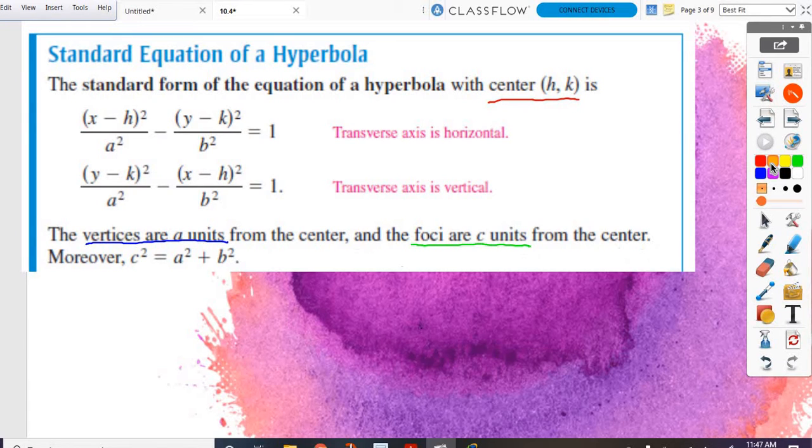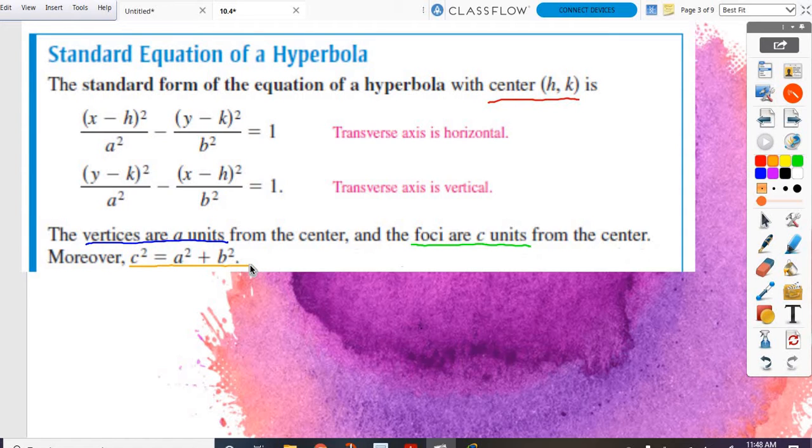This time, we still have a relationship between A, B, and C, but it is slightly different because we would have a slightly different right triangle for our hyperbola. So now it's C squared equals A squared plus B squared, which is different than our ellipse. What was it for our ellipse? C squared equals A squared minus B squared. Yeah, it was minus B squared for our ellipse.